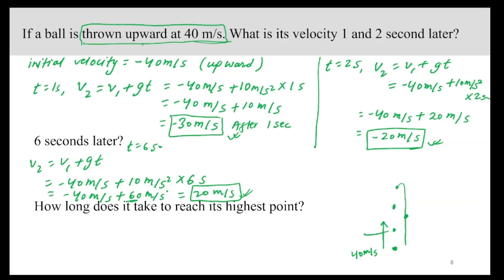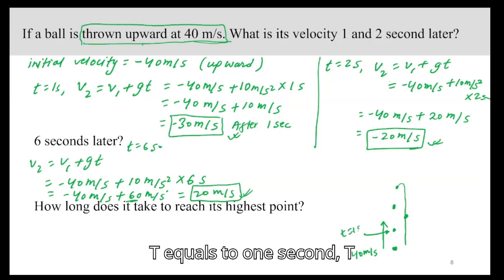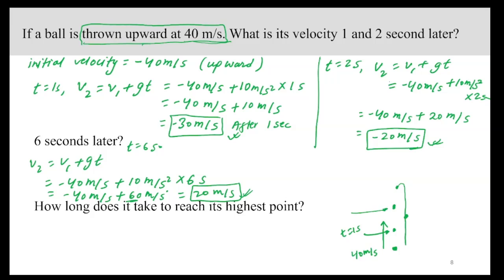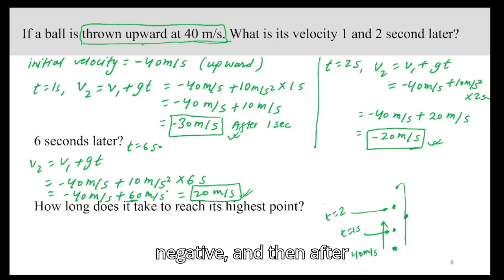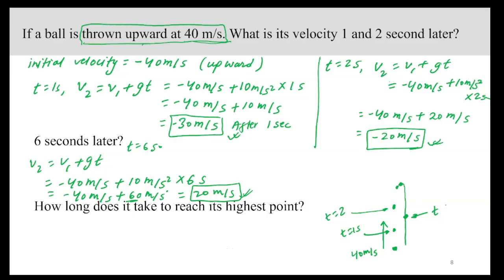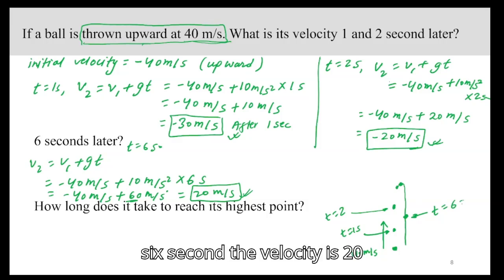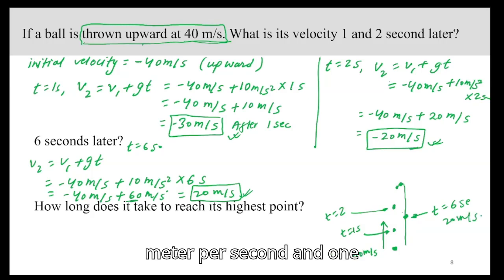So at t equals 1 second, t equals 2 seconds, because it was still going up, it was negative, and then after some time the ball starts falling down, and at t equals 6 seconds the velocity is 20 meters per second.